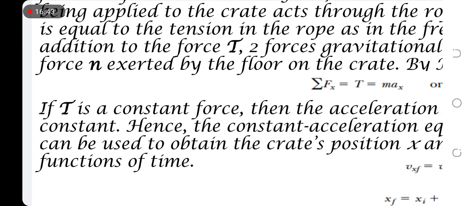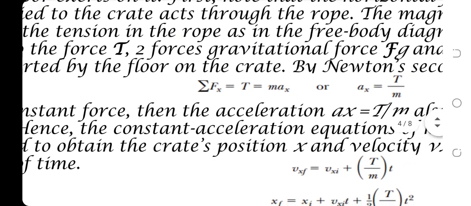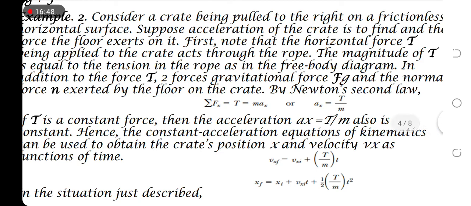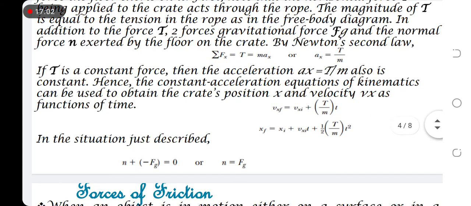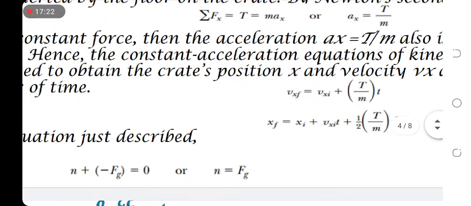If T is a constant force, then it means that acceleration is also constant, as mass is always a constant. So ax equals T over m, that is the tension is constant, means acceleration is also constant. Hence the constant acceleration equations of kinematics can be used to obtain the crate's position x and velocity vx as a function of time, means after some time the final velocity can be calculated.